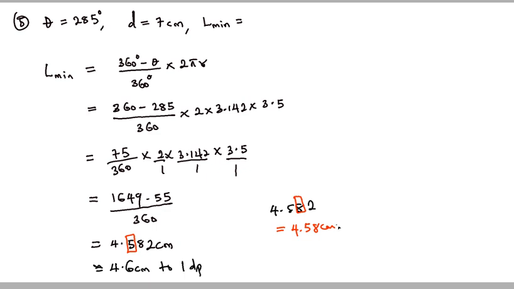So our answer is 4.58 centimeters if I'm to go with the options in the book. But if there were no options there, I would have just left it as 4.6 to one decimal place. You're still very correct. Thank you.